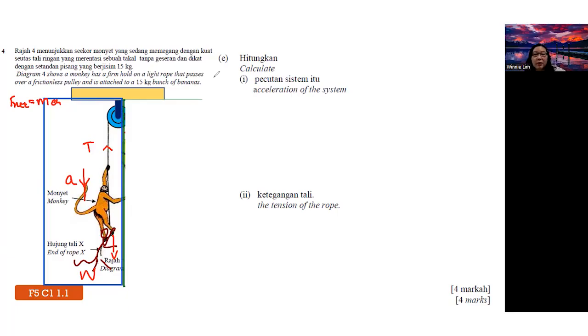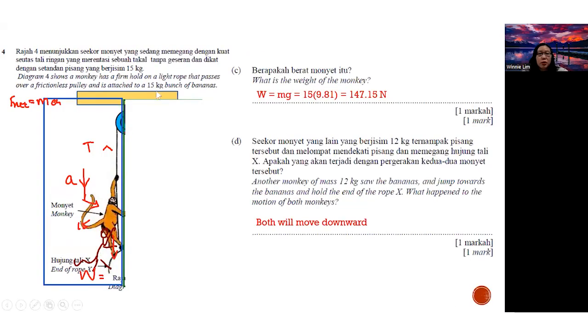Okay, by the way, we find out the value of weight first. So later on, we can straight away show the value. Okay, so the weight now, as the mass of this monkey is 15, correct? And then if we look back at the previous questions, very quickly, you should know that it falls down from D because of this 12 kg.